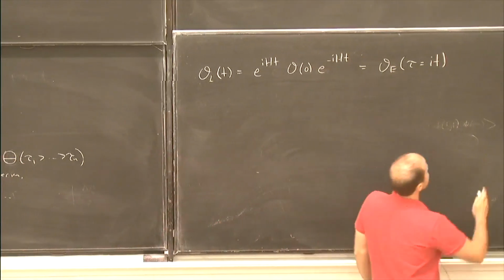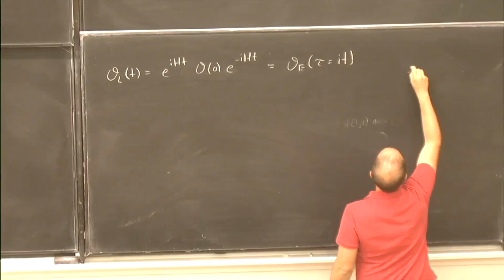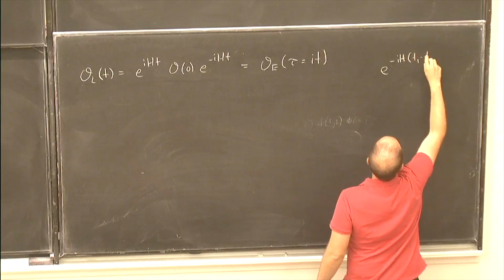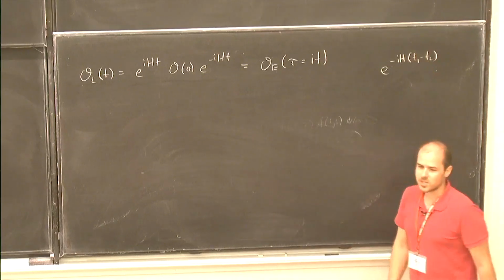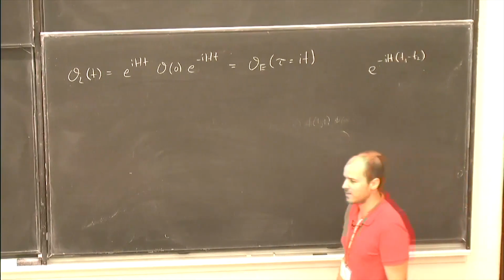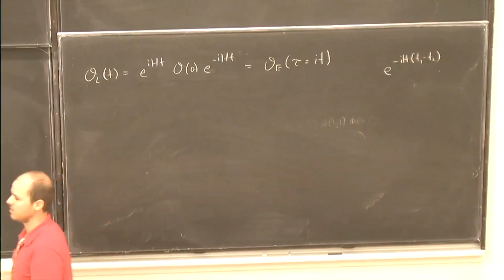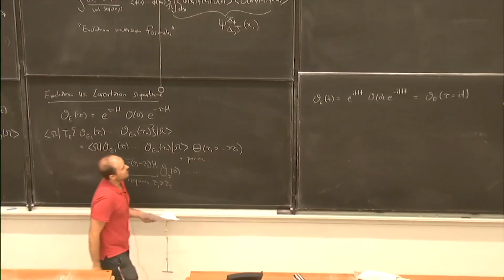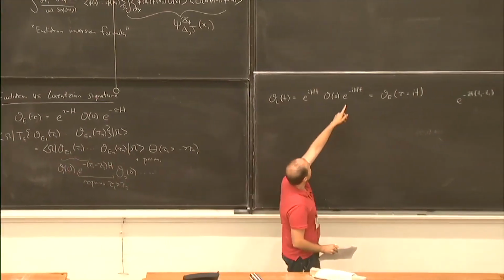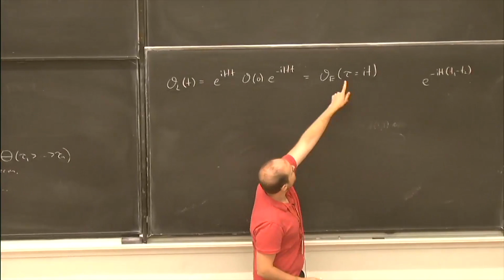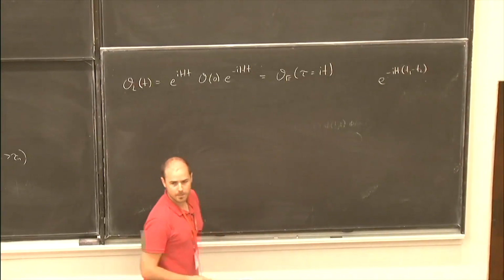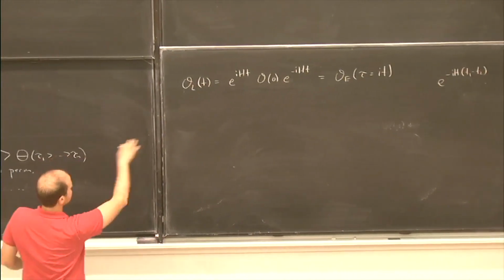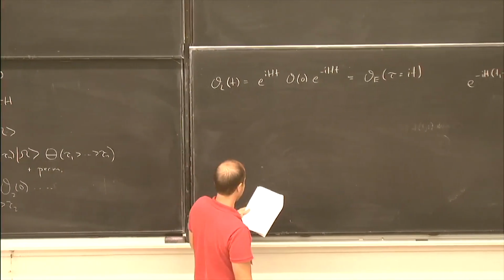And it was decided in the early 20th century that that should look like e to the minus iH times (t1 minus t2). And that decision has forced on us a convention for what i means for the rest of time. And so that tells you that you need a minus i here. And that fixes the relationship between tau and it. So there's only one correct answer for all of these things. And you can just write down these two lines to remind yourself what it is if you forget.